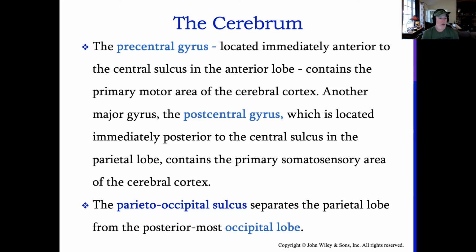You may have heard of lobotomies. They used to give lobotomies to patients in psychiatric wards, people that had multiple personality disorders and things like that. They would do a lobotomy on them. Well, a lobotomy basically means we're going to take out a lobe or a part of a lobe of your brain. And they were able to do this because they figured out which lobes of the brain controlled which functions.